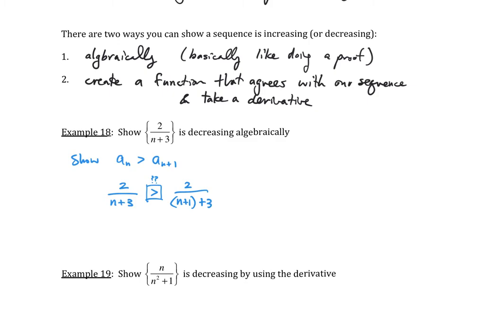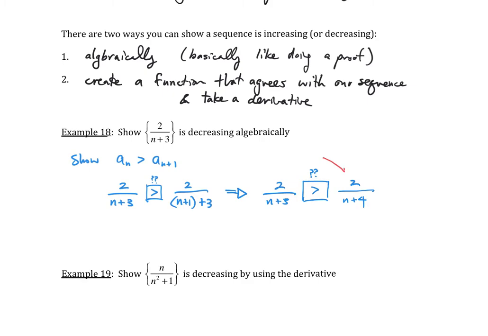Okay, so let's simplify this a little bit. The left-hand side is 2 over n plus 3. I'm going to leave that with the questioning symbol, is it really bigger? And we'll have 2 over n plus 4. Now, at this stage, I feel that this is obviously true. Why do I say that?